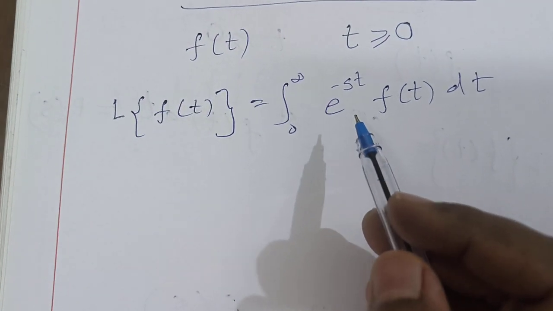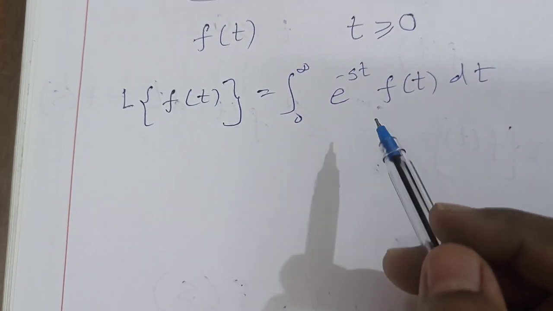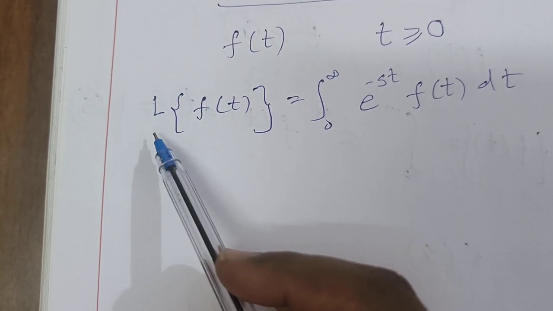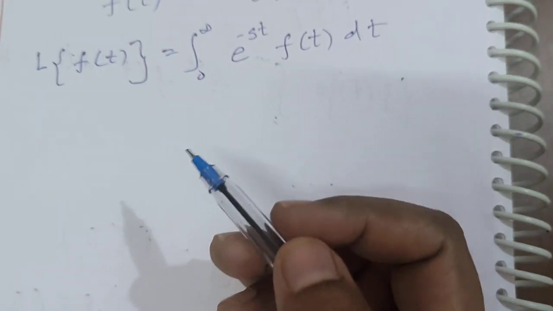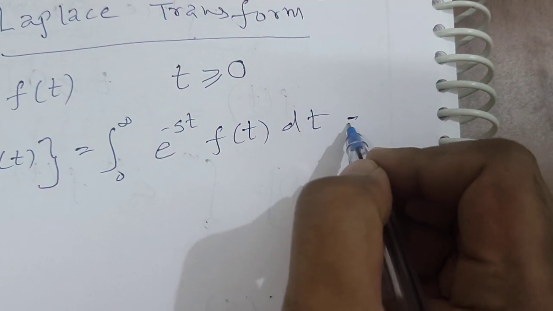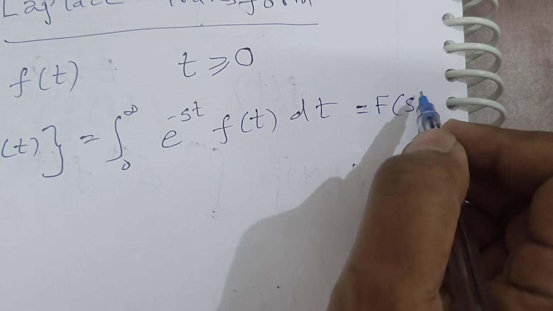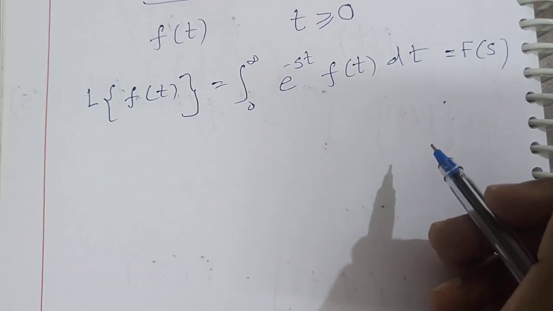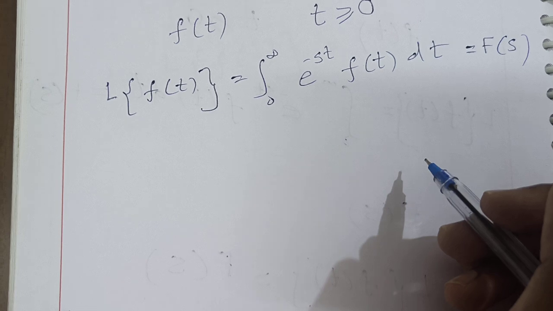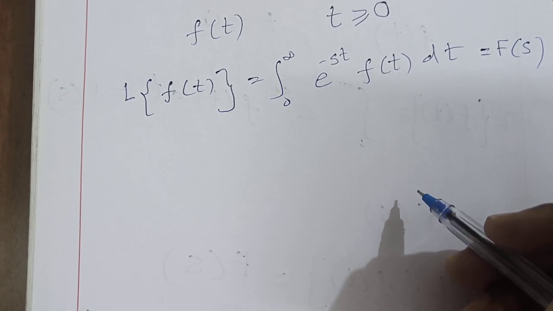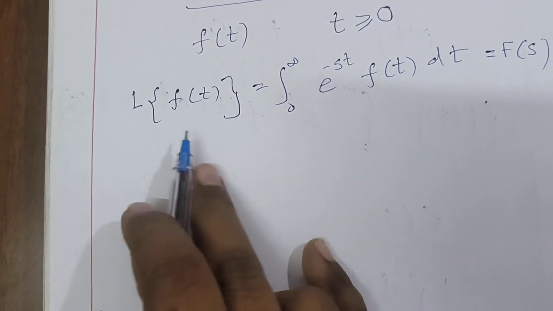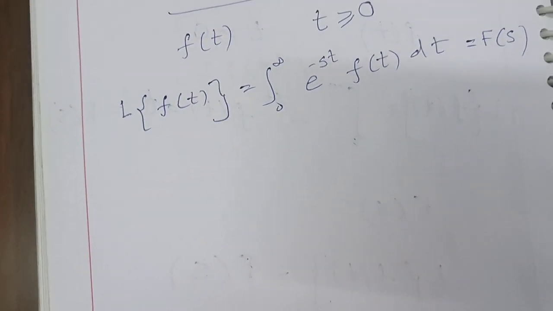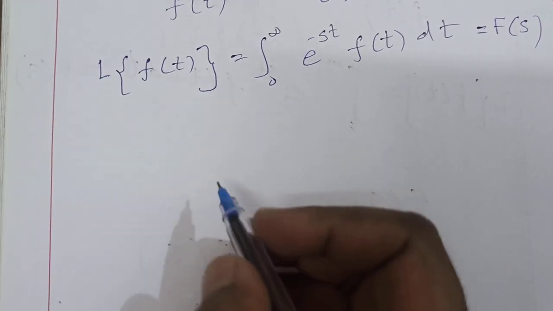Here this s is the parameter which is real or constant, and we take L as the Laplace transform of f of t. So here we will take this is also equal to capital F of s. On the right hand side we are taking capital F of s. So this capital F of s is known as the Laplace transform of the function small f of t, and this small f of t is itself the inverse Laplace transform.